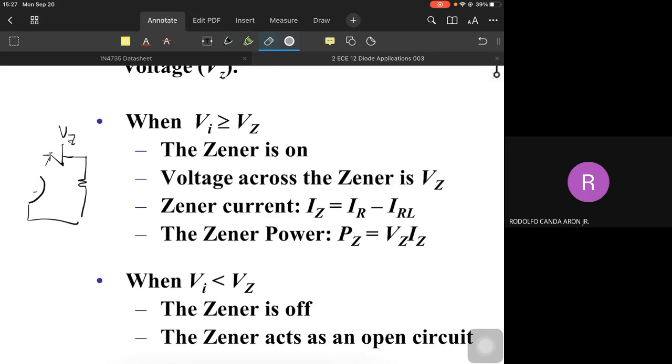Pero lahat na po na siya nga story kung naka-parallel. And I think these conditions apply to when the Zener diode is in parallel. No? So, wala man day asterisk diri, no? So, kita na lang butag asterisk. This is only when Zener diode is in parallel. No?